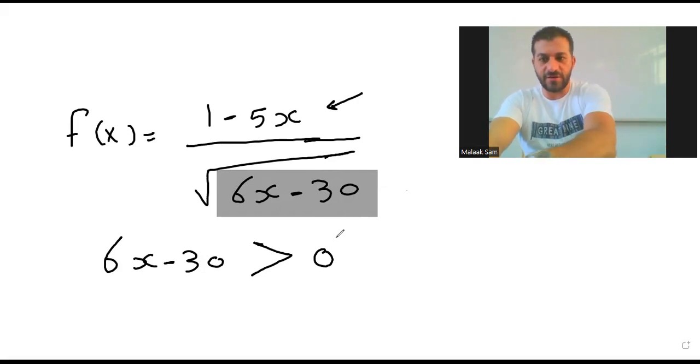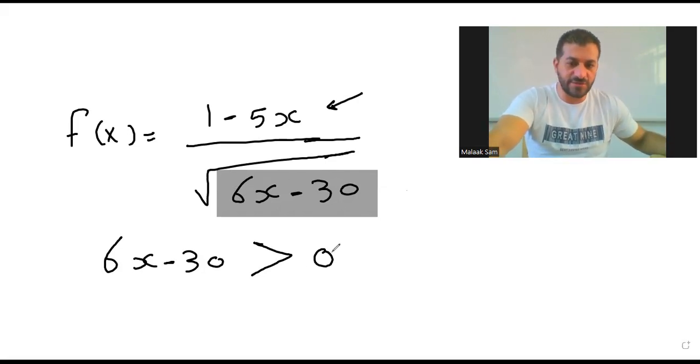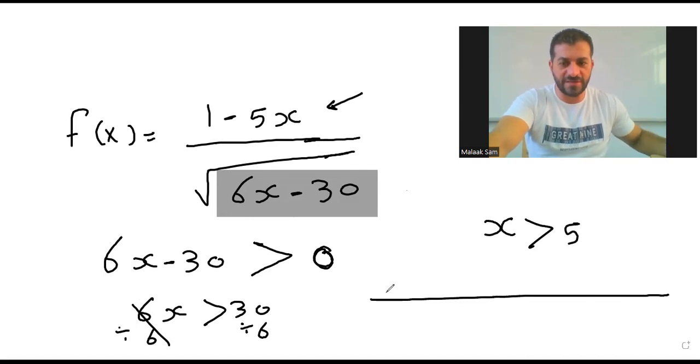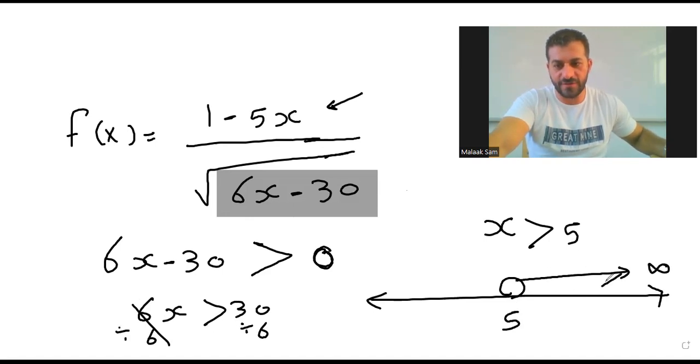So move 30 to the other side, 6x greater than 30, divided by 6 on both sides. You will end up with x greater than 5. So the domain is 5 open and positive infinity. That's it.